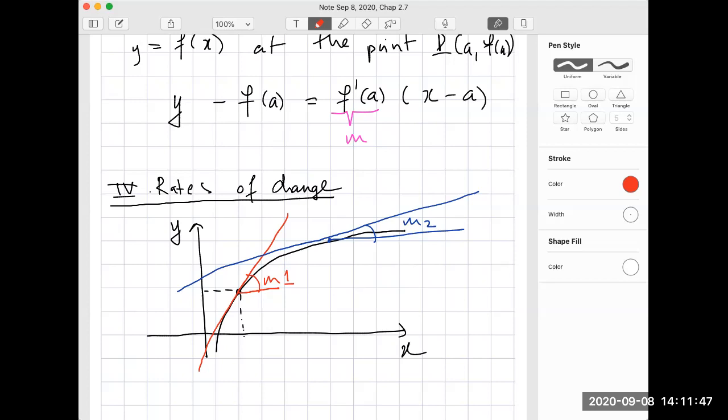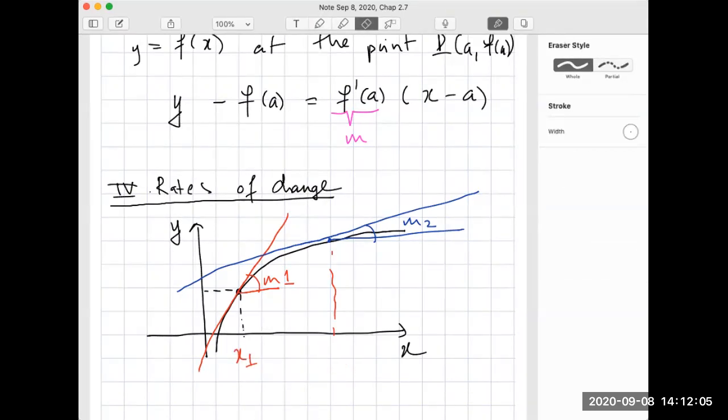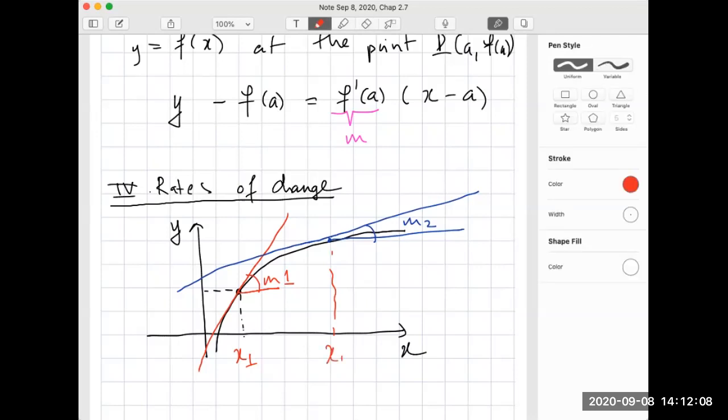And it means that the y value changes slowly compared to the y at the first point. Suppose this is the point x2, this is point x1, right? Or a function at this point, if it has the first derivative bigger than another point, then it means that it changes in value y faster, more steep, right?